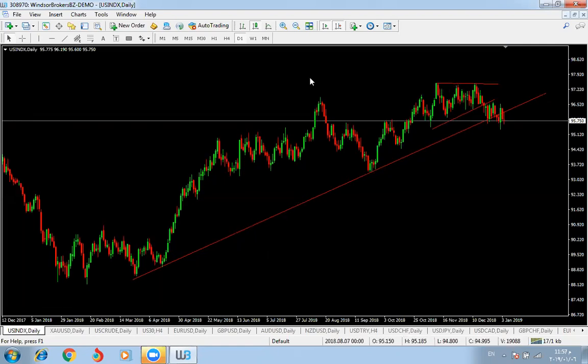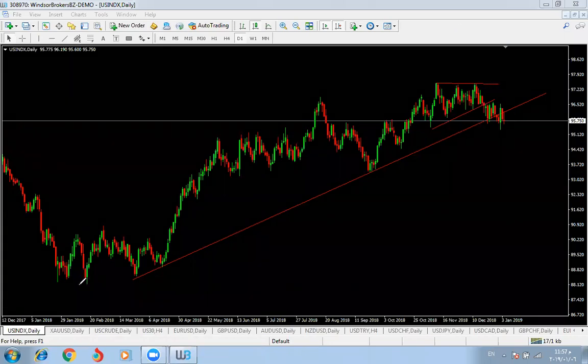As usual, we will begin with the dollar index. Price action of the dollar index is showing that this whole swing from this bottom to this top has finished in the form of ABC.